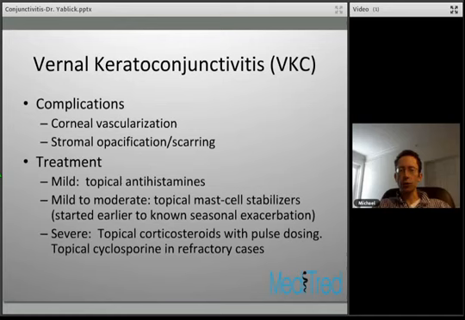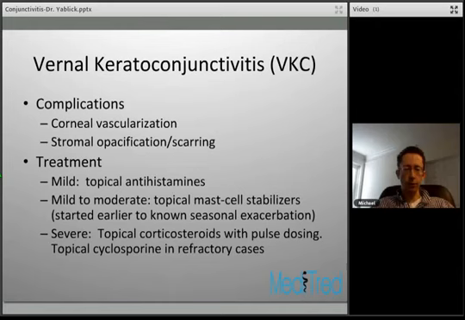It can be mild. Mild cases are treated with topical antihistamines, and that may be enough to control the patient's symptoms. If you have mild to moderate disease, then the patient may require topical mast cell stabilizers. And remember, since VKC is a seasonal disease, you can sort of get a sense of when the patient's symptoms tend to start.